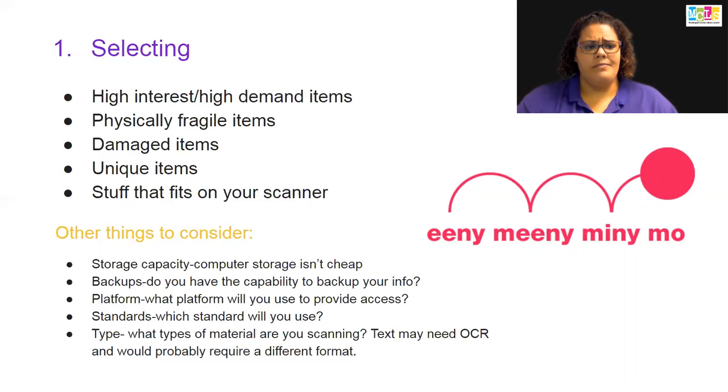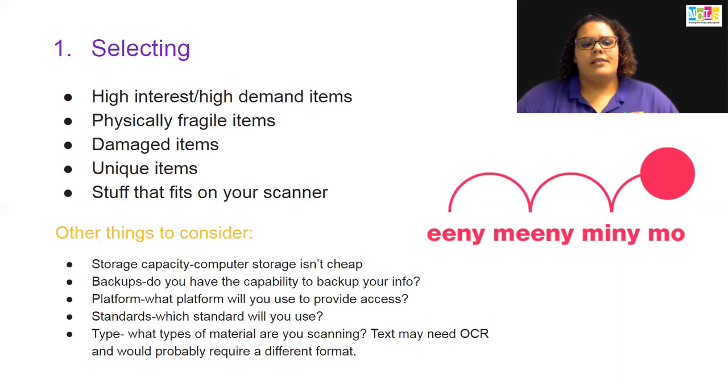Also, unique items, you might want to have those scanned, and then stuff that fits on your scanner. If you're using your phone, you can take a picture of quite large items. But if you're using an actual physical scanner, you can only scan what fits on there. Otherwise, you have to start piecing things together. And I really think, do you really need a copy of that? That's something to think about.